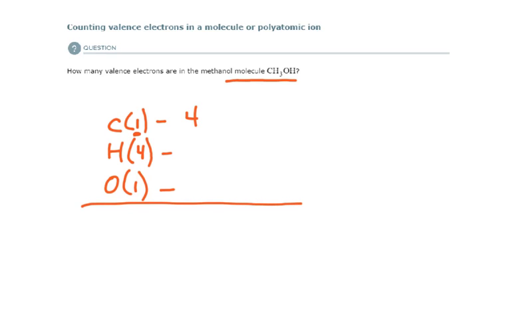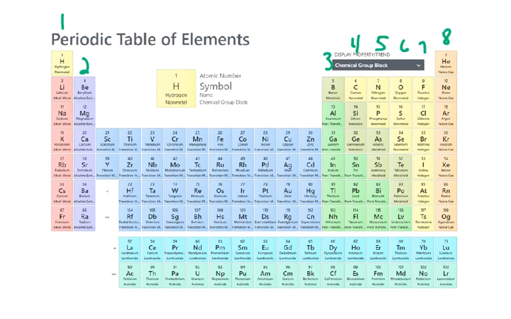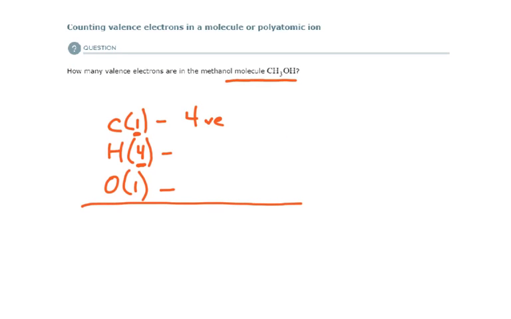Just 1. So I just have 4 valence electrons. What about hydrogen? Well, I have 4 hydrogen atoms. How many valence electrons does each hydrogen atom have? It's in group 1A, 1. Okay, so if it's 1 each, and I have 4 of them, then I have a total of 4 valence electrons from those 4 hydrogen atoms.